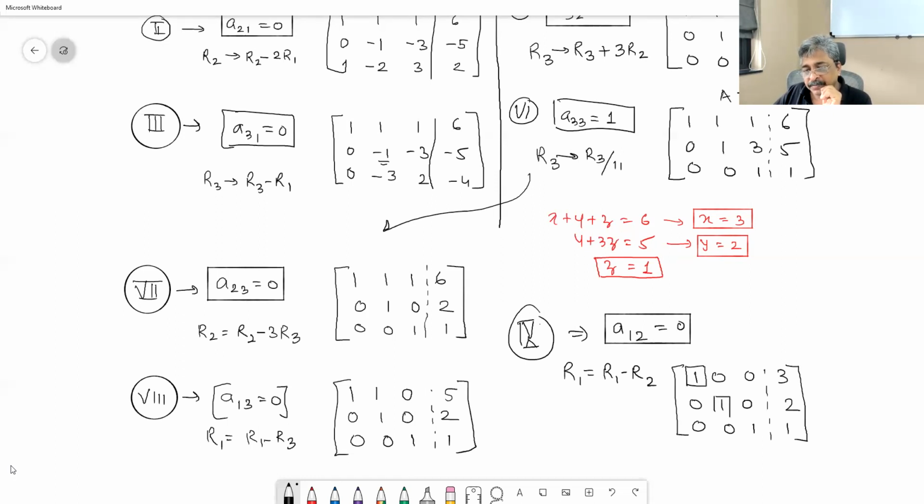Now that is the simplest system that you can have, where you have all three pivots and everything else is 0. This is the identity matrix I3, because it is 3 by 3. If you write down the solution set or system of equations here, it is x is equal to 3, y is equal to 2, z is equal to 1. This is the system of simultaneous equations you have achieved at the 9th stage, which is the solution set of the given system.